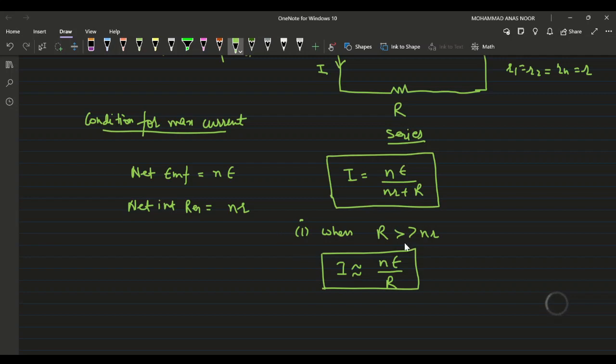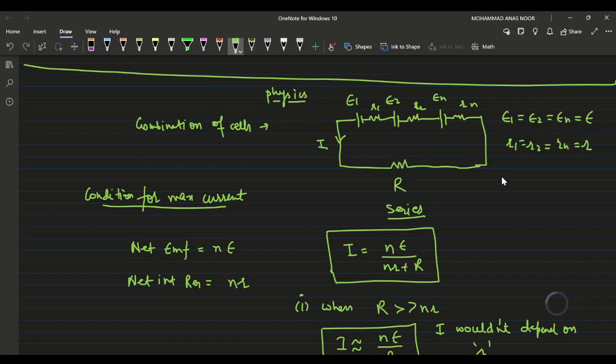That means, in other words, this current would not depend on the internal resistance, correct? Or you can say that each of these cells could give a current of I is equal to E by R, if we ignore the internal resistance.